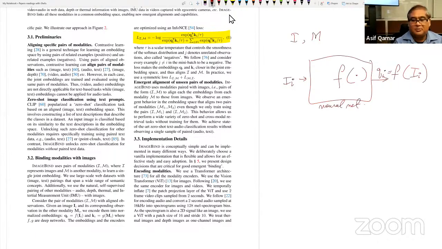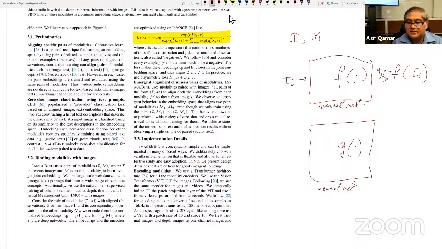Likewise, so this is your neural net, made up of your transformers. These days, transformers it is. And let's say that you have another modality. Think text, audio, whatever it is, right? And that also is one neural net. So you can think of that also as a function. So it will produce ki.